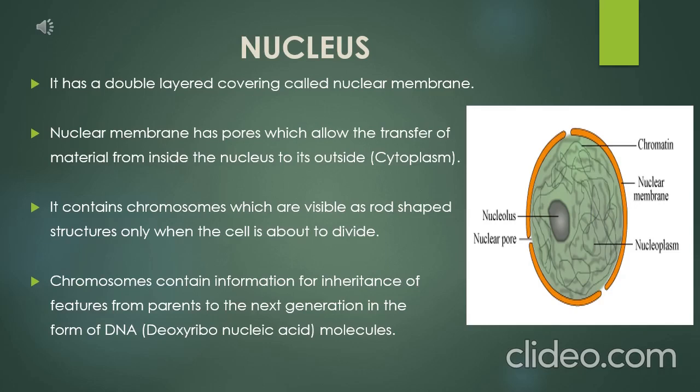These rod-shaped structures we call chromosomes, which ultimately contain the information. That information is inherited from our parents, or passed on from parents to the next generation in the form of DNA. The full form of DNA is deoxyribonucleic acid.